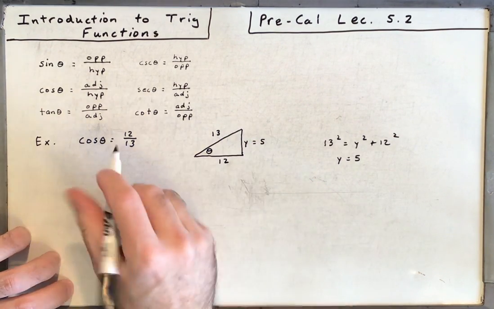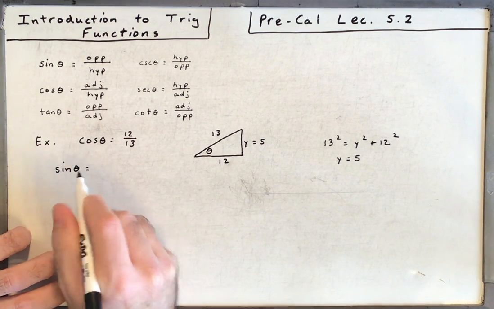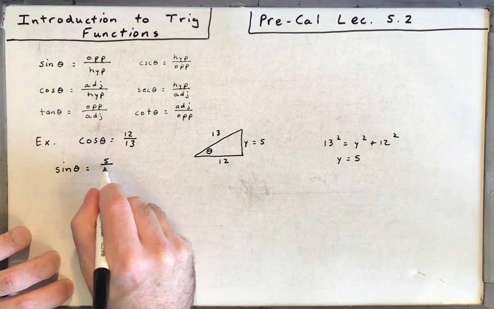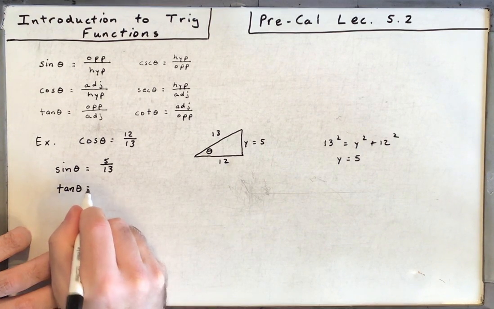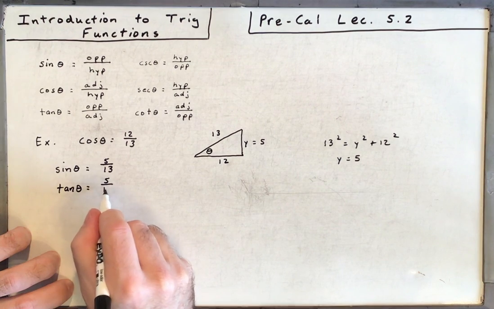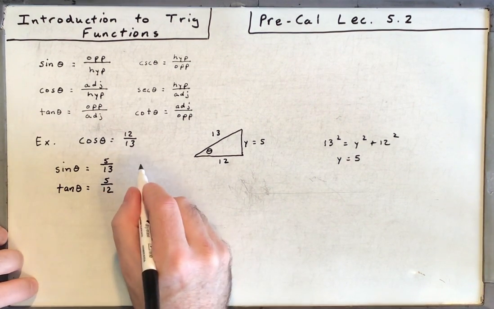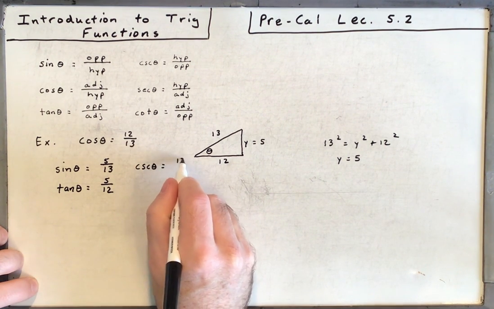Okay, so we want to find the other trig functions. All right, sine is opposite over hypotenuse, so 5 over 13. Tangent, opposite over adjacent, 5 over 12. Okay, and then we can just flip. We would know the cosecant, 13 over 5.